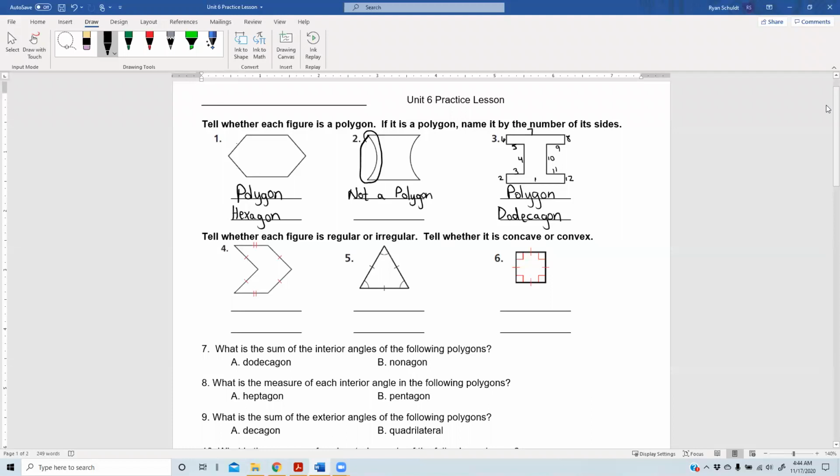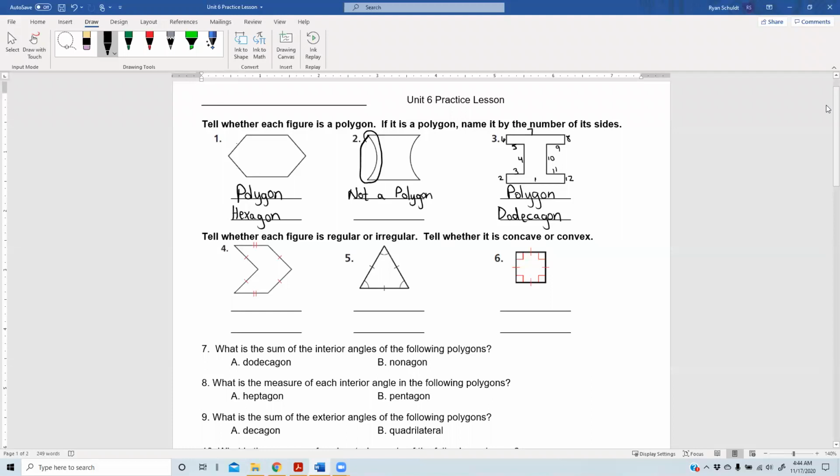Okay, for the next 3, we have to say whether they're regular or irregular, and then concave or convex. Regular means all sides are the same, all angles are the same. Concave or convex means it's either caved in or not.